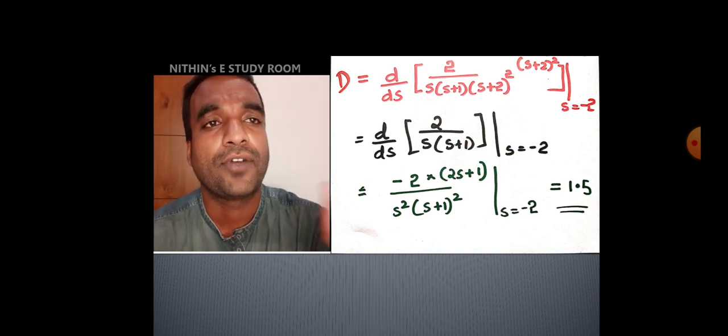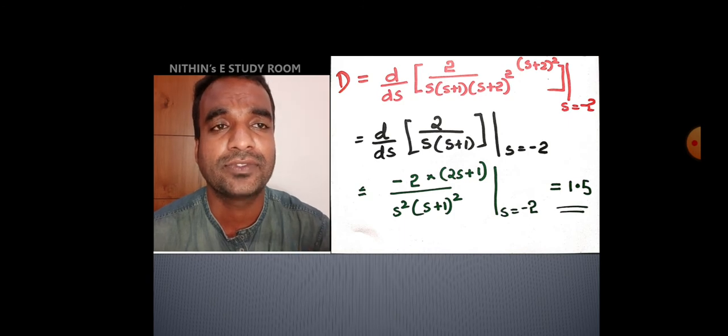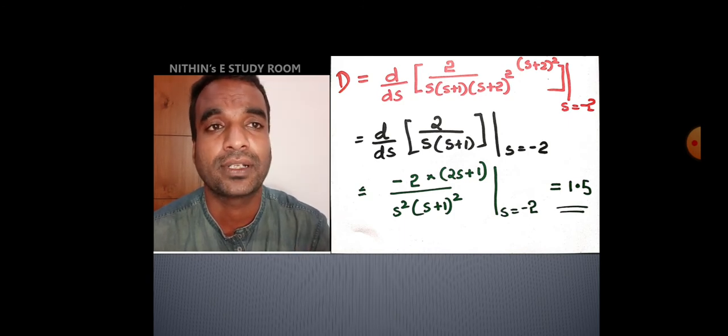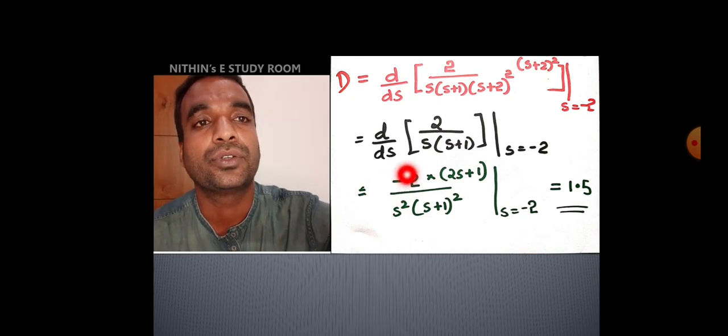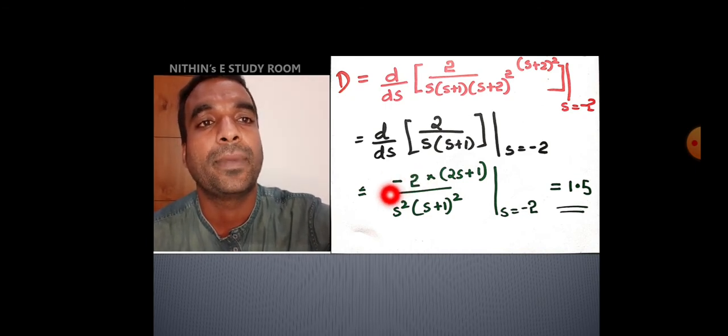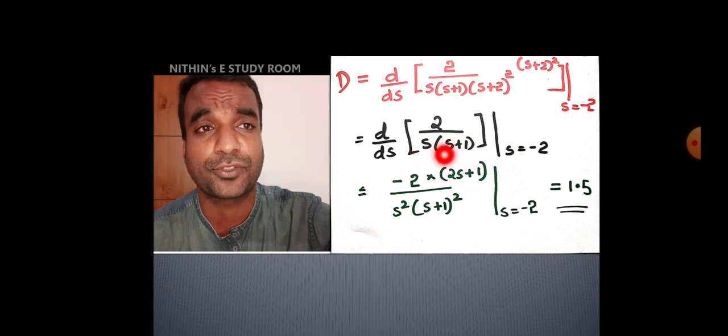So differential of 1 by x with respect to x is minus 1 by x square. Like that, differential of the whole term, 2 is constant here, minus 1 by s square into s plus 1 square. And in the denominator we have to differentiate it. So denominator is s into s plus 1, that is nothing but s square plus s.